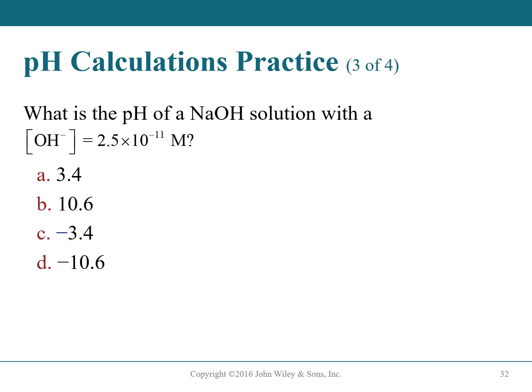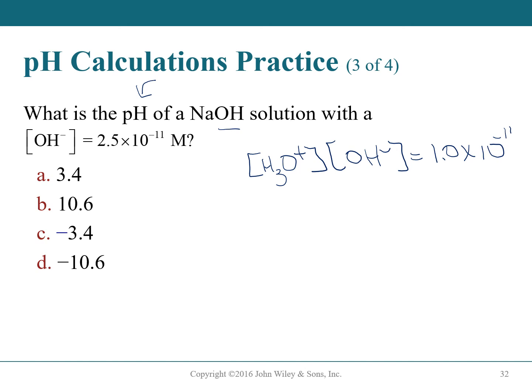Now, this takes 2 steps. We're not given the H plus concentration, we're given the hydroxide concentration. So we have to go back. Remember how we know that the hydronium ion concentration times my hydroxide concentration is equal to 1 times 10 to the minus 14?